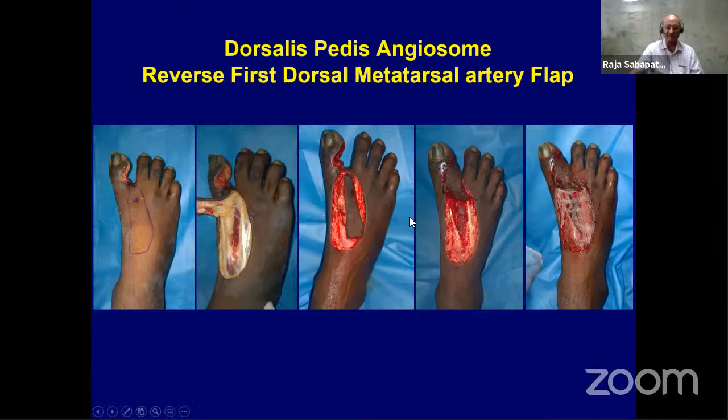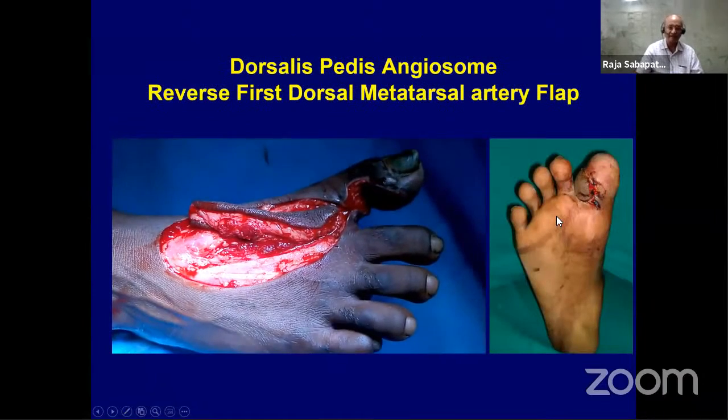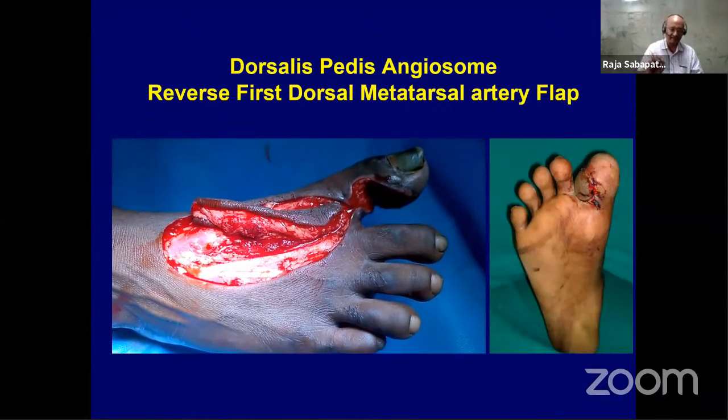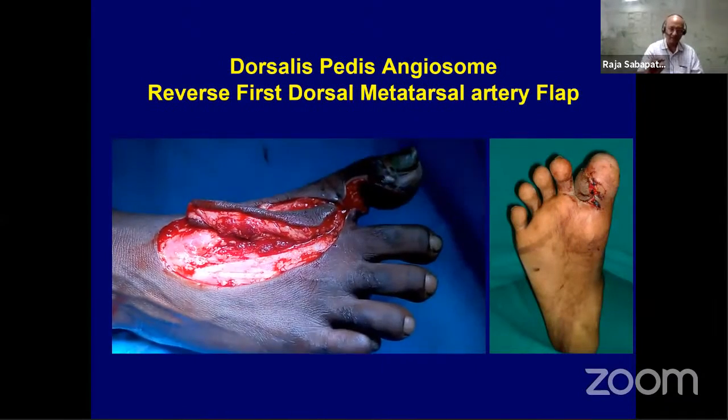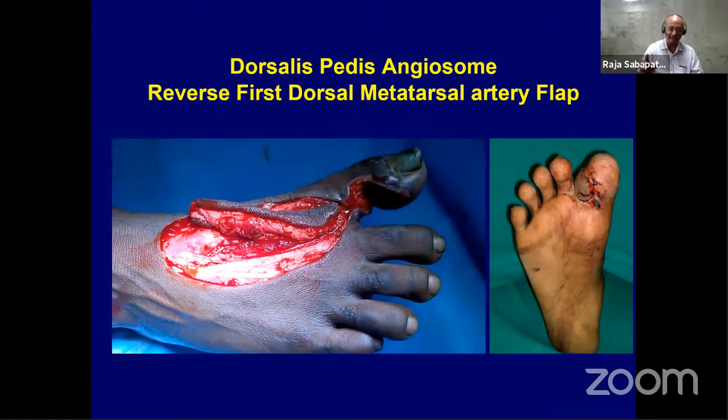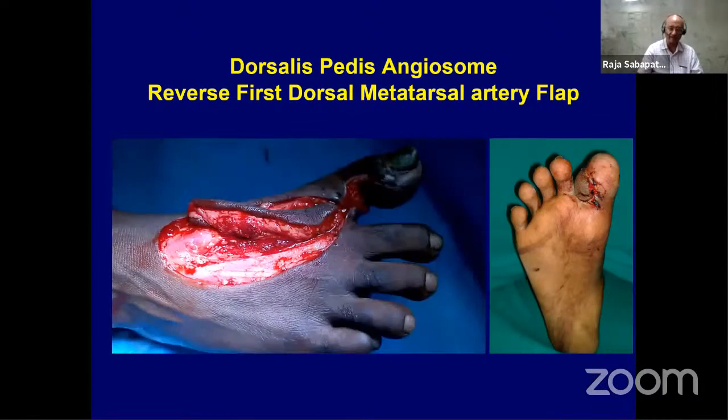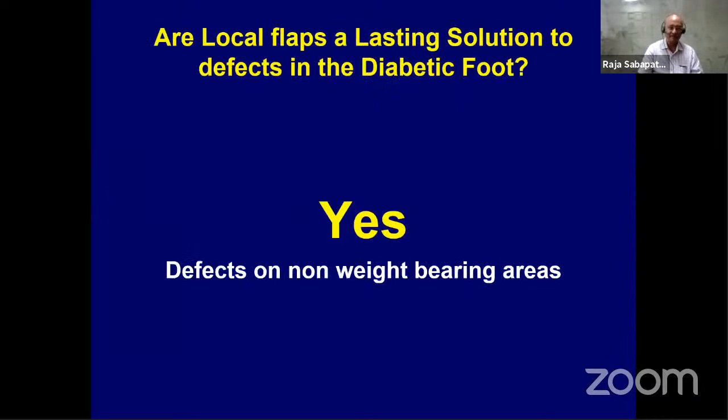For such people, what we do is use the flap, fold it over back, and cover that area, and cover the rest of it with a skin graft. Later on, you could shave it back and shape it nicely so that the toe is well shaped. So now I showed you a lot of flaps.